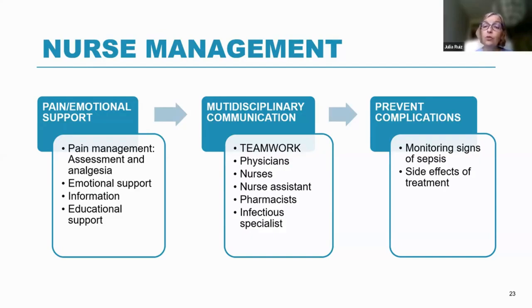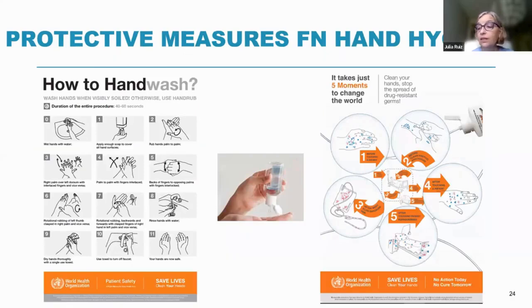We have to continue monitoring for signs of sepsis, to avoid that this is going to escalate to a sepsis, and look for any side effects of the treatments that we are managing or administering.